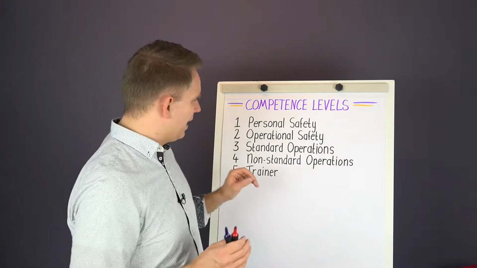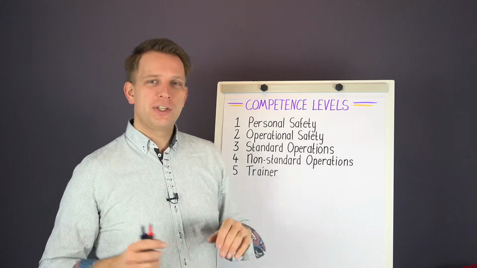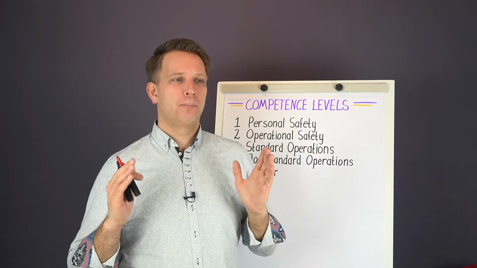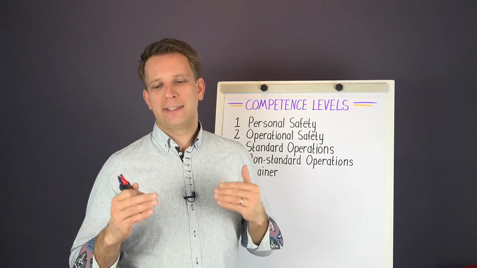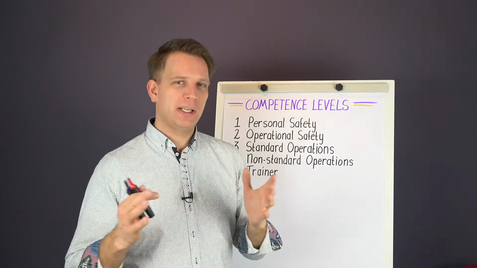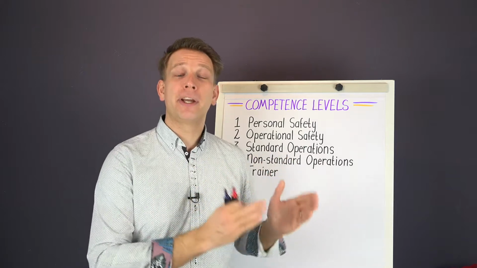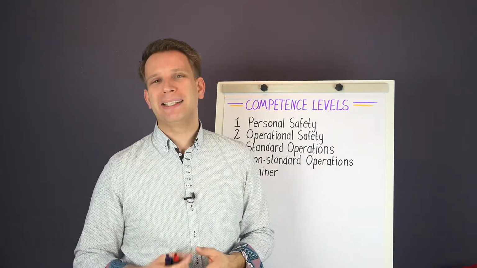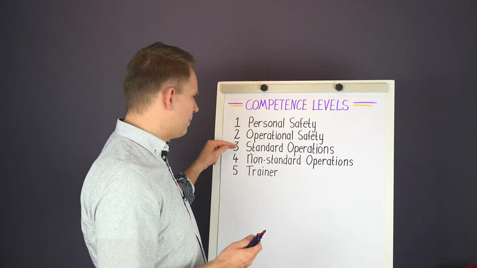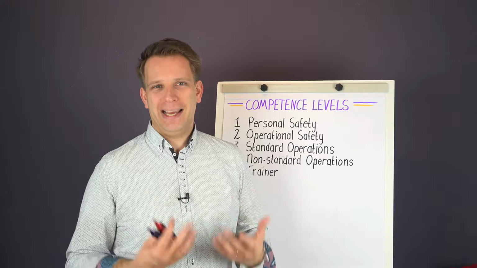But do know, as I said just a minute ago, in standard operations you have your daily, weekly things. So any breakdown or typical potential quality defect, all of those not completely desired things that do happen at least on a weekly basis. So they're pretty common. You would expect a level 3 operator to at least be able to handle it.